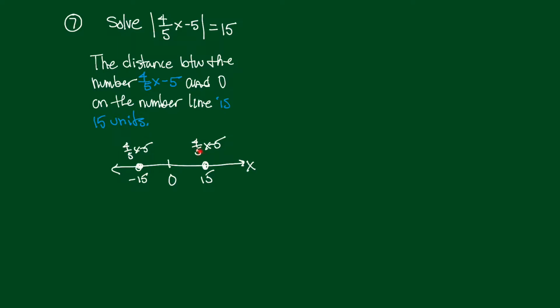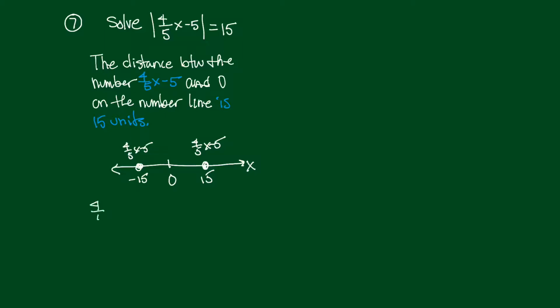So I've got that 4/5 x minus 5 to the right, 15 units, and the 4/5 x minus 5 to the left at 15 units. Right now we're still 15 units away, even though it says negative 15. We are 15 units from 0. So this number and this number represent the same point. That gives us an equation here.